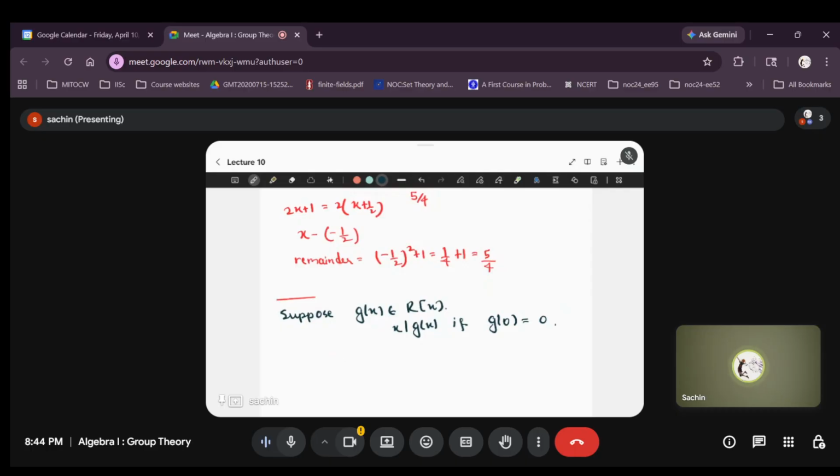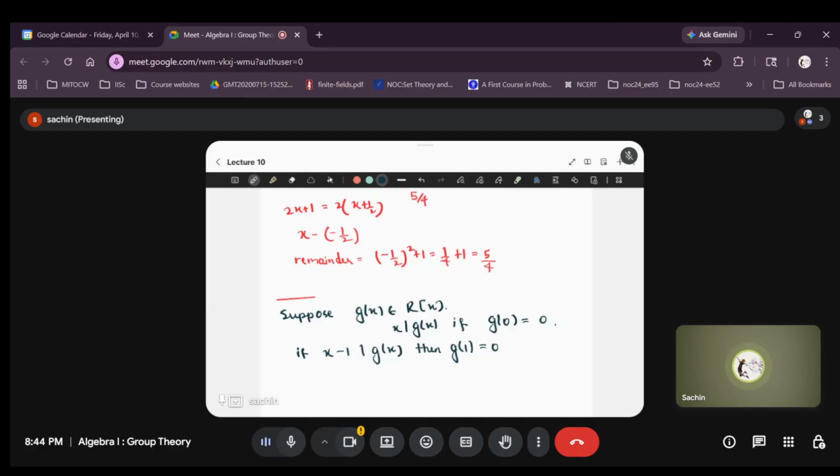Similarly, if x minus 1 divides g of x, then g of 1 must be equal to 0.